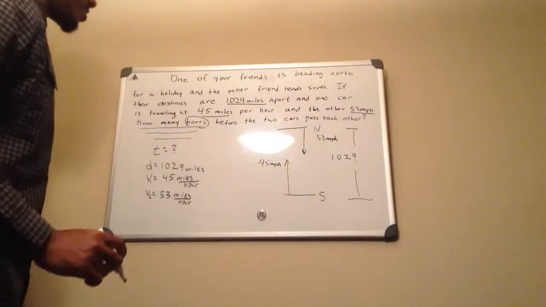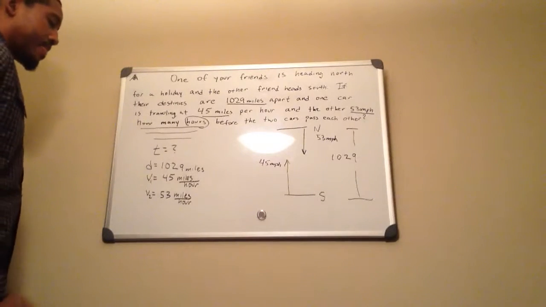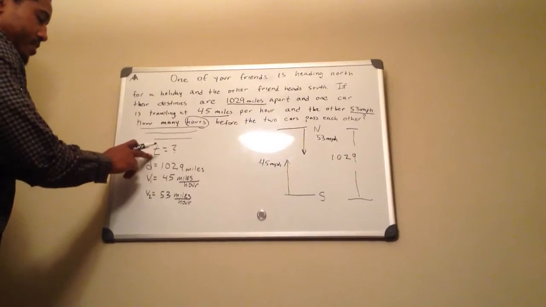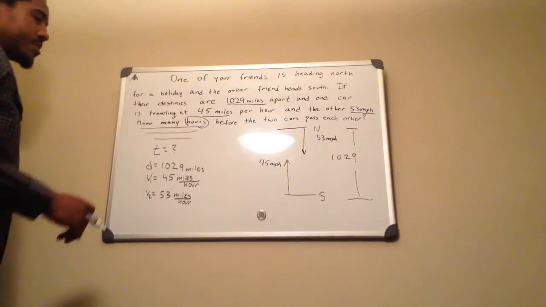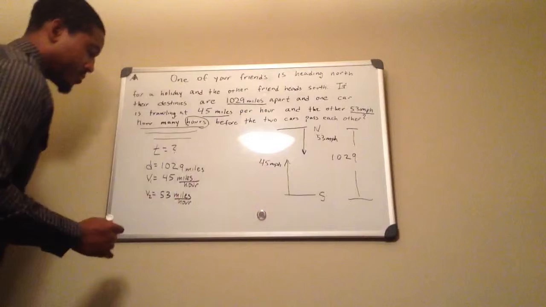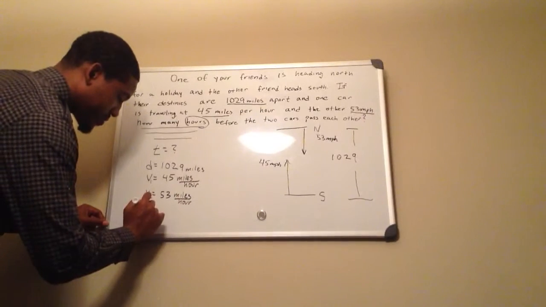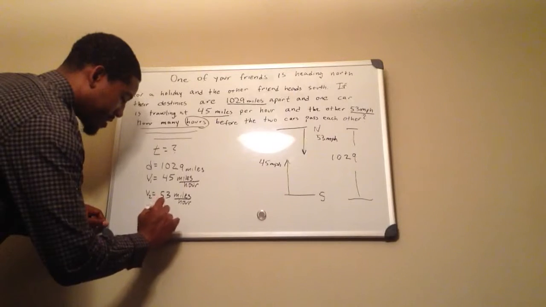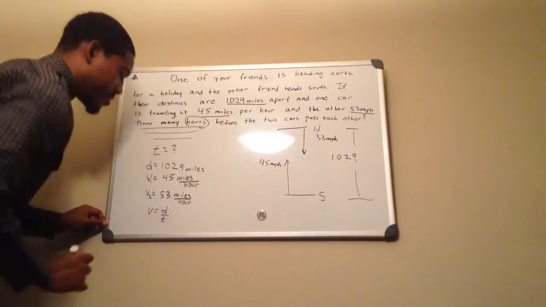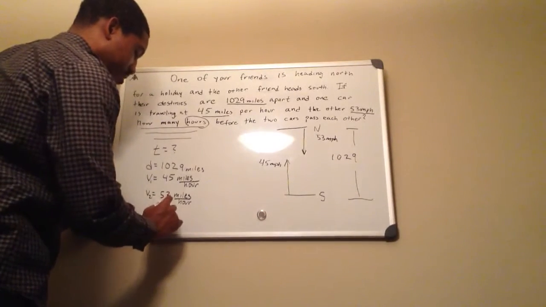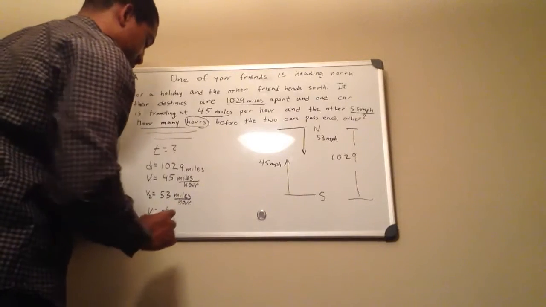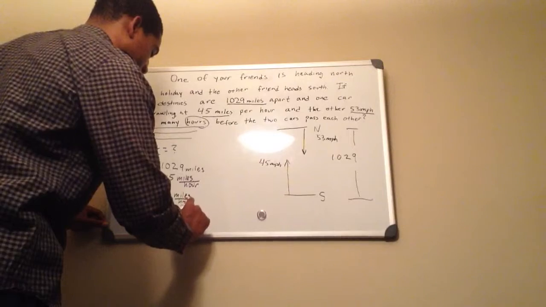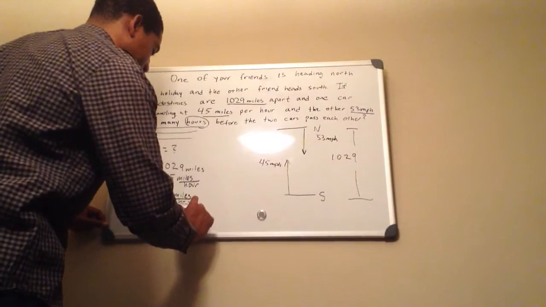So what you want to start to notice here now is that you have a velocity, you're solving for a time, you have a distance. So now you're into physics. So you have your equation where velocity equals distance divided by time. Or manipulated, the equation is distance is equal to velocity times time.